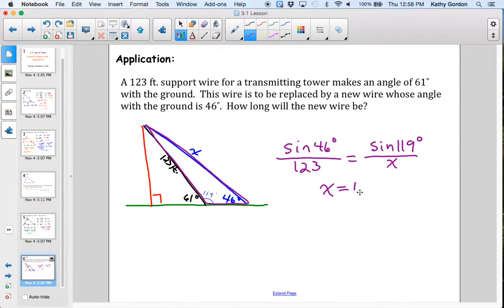Yeah. And does that make sense? Does it make sense that the new wire should be longer than the old one? Yeah, because if I'm putting it out farther away from the tower, that wire is going to have to be a bit longer. So 149.62 feet for the new wire seems like a reasonable answer.